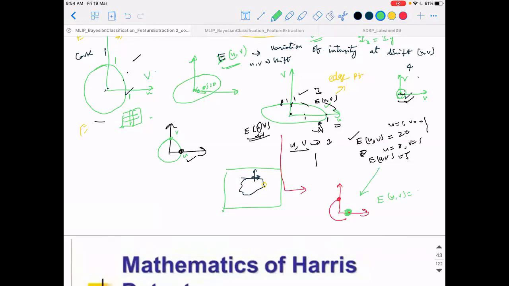Is this clear? When I sketched the locus of points, we sketched the E(U, V) values at constant U, V. If this is higher, it means the variation in X direction is higher. Is this clear? Yes, sir. Okay, any other questions?